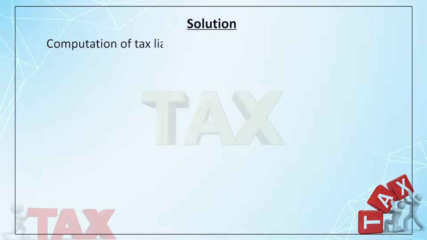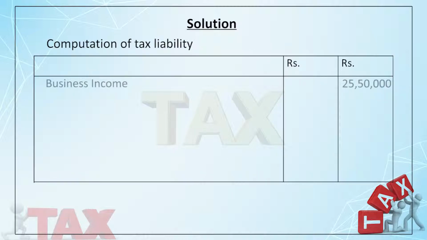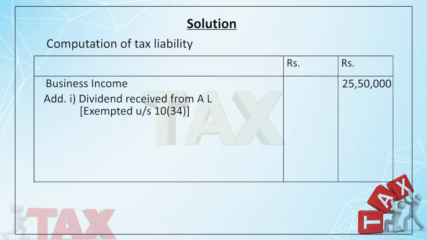Now, computation of tax liability. So, business income is given. Now, what would happen in case of dividend? Dividend received from A Limited and B Limited is nil, because these are exempted under section 10(34). In India, the dividend in the hands of the recipient is exempted under section 10(34).